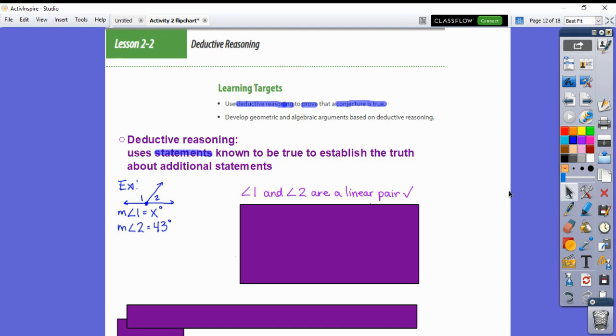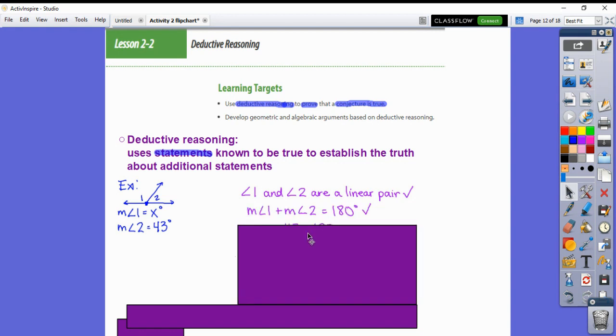That's a starting point. And now we can use that starting point to add on additional statements to solve the algebra puzzle for what the measure of angle 1 is, for how many degrees x degrees is. So if it's true that angle 1 and angle 2 are a linear pair, because of the definition of a linear pair, angles are always supplementary.